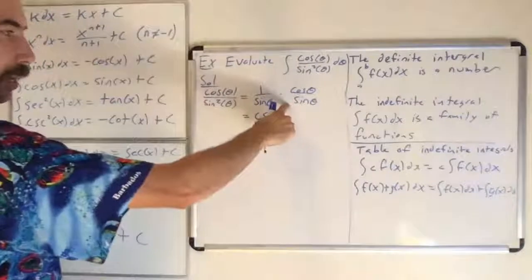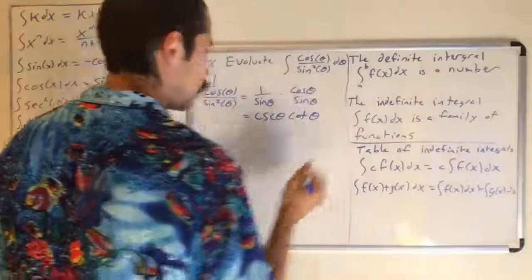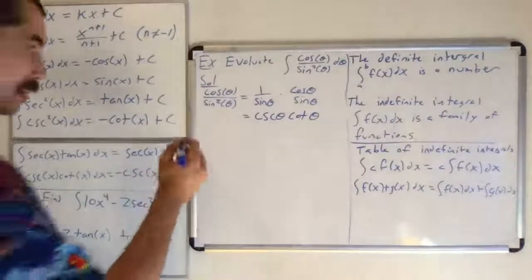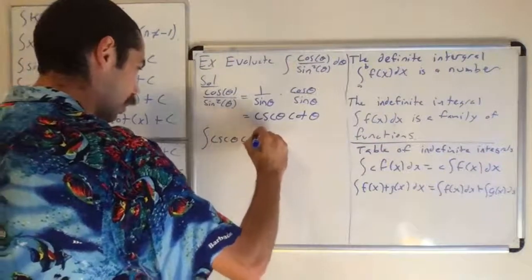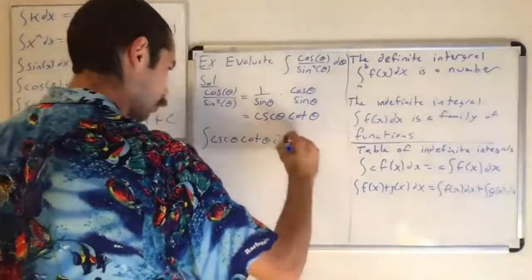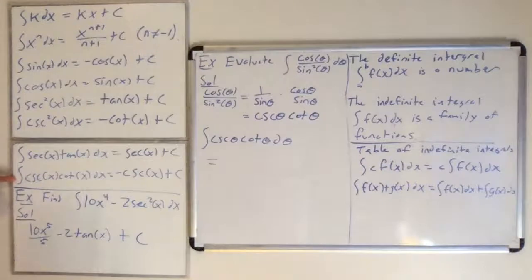Cosine theta over sine theta is cotangent theta. So really what this question is asking us to do is evaluate the integral of cosecant theta cotangent theta. And that's on our chart right here. That's negative cosecant theta plus c.